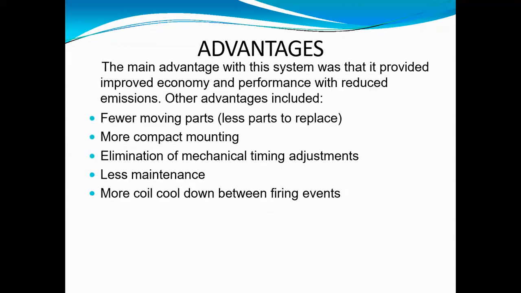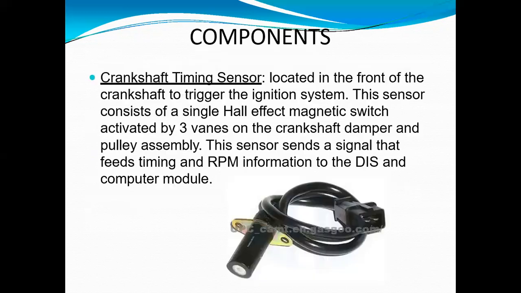The main advantages of this system were improved economy and performance with reduced emissions. Other advantages included fewer moving parts, more compact mounting, elimination of mechanical timing adjustment, less maintenance, and more coil cool down time between firing events.